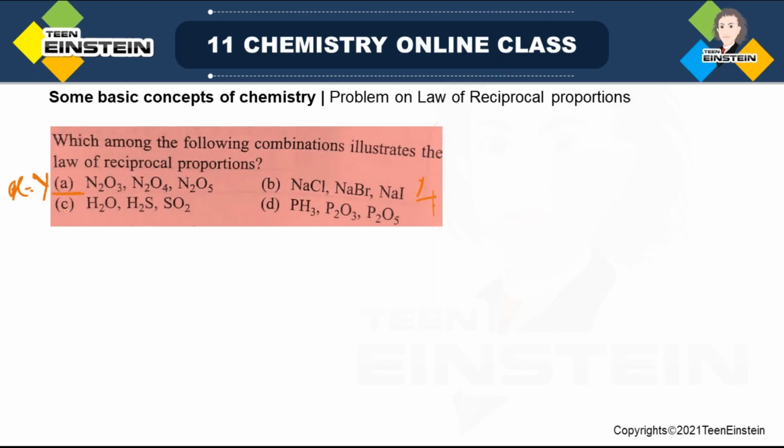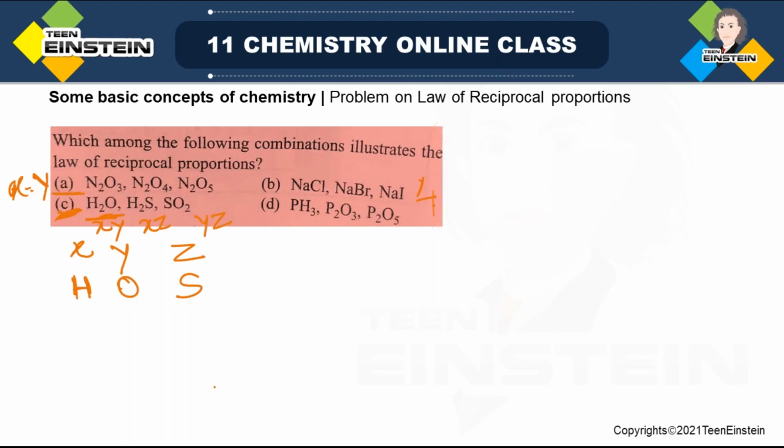Okay. Then option C. Here H2O, H2S and SO2. So suppose I am writing XYZ. Suppose this is H, this is oxygen, this is sulfur. So H2O is basically XY, H2S is basically XZ and SO2 is basically YZ.